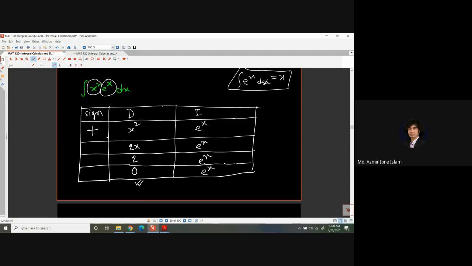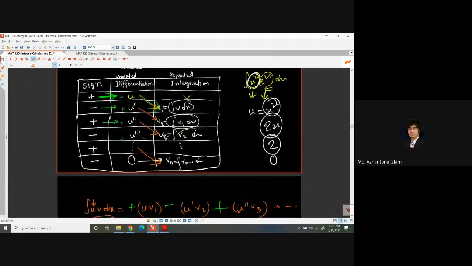Now focus on the plus and minus signs. It will always start with plus, then the alternating sequence will be negative, then positive, then negative. We are stopping here because we have 0 here. Now the first part will correspond with the second part, not with this one.